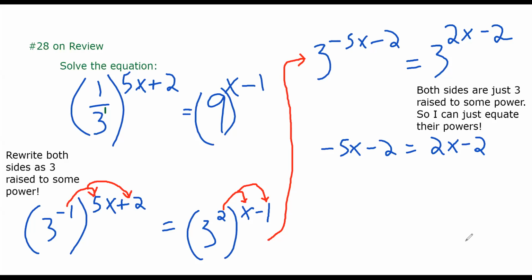next up, we just got to solve this thing. Oh, no, I didn't make a mistake. What am I saying? Nope, we're good. We can move the x's to the left-hand side. This is just a simple linear equation now. You can have negative 7x minus 2 equals negative 2.